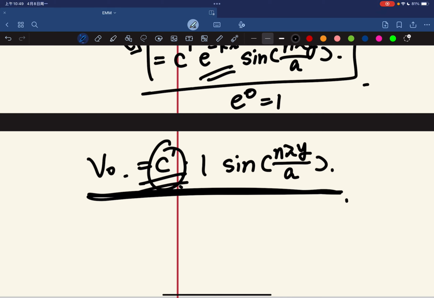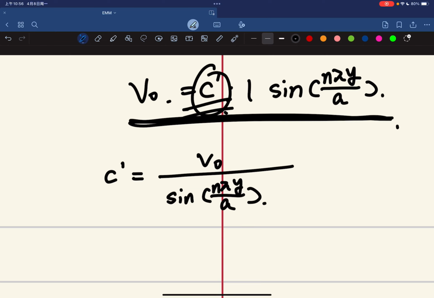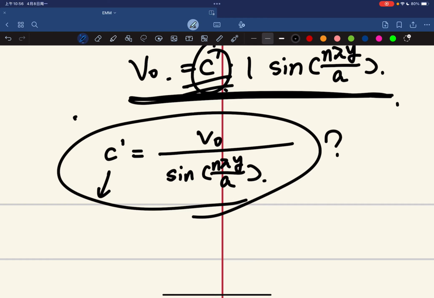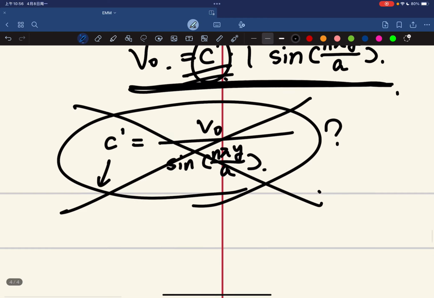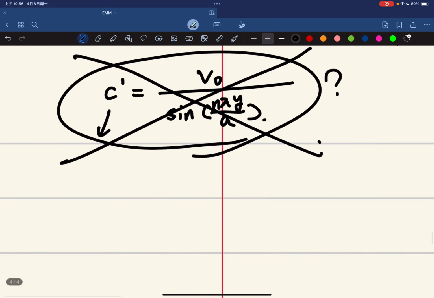So now we need to introduce some new things. For example, if I write c equals v naught divided by sine n pi y divided by a, what is that? I want a specific value of c, and I don't want this form. So now we need to use the trick in Fourier analysis.